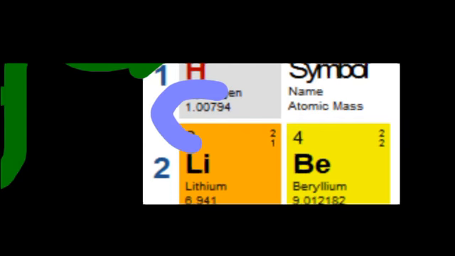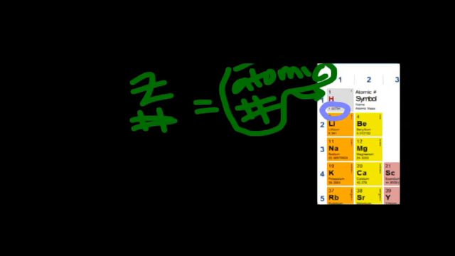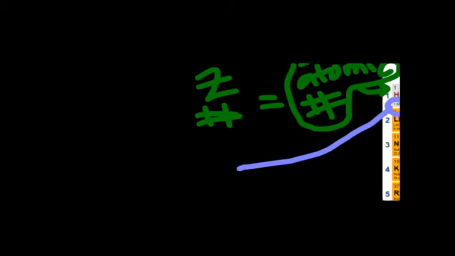So let me encircle it again and zoom out. So what is 1.007 something? In what units are these?